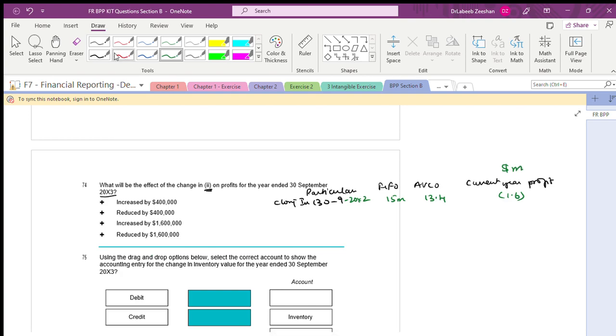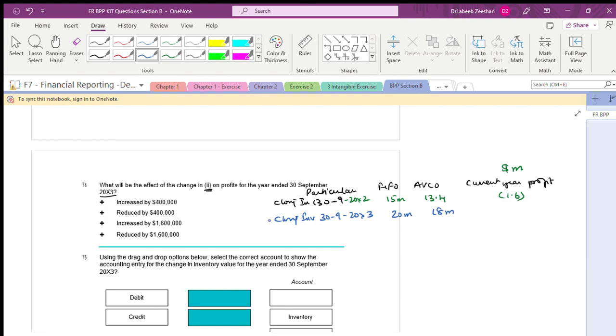Now again on closing inventory at 30th September 2003, how much is there? 20 million as per FIFO and 18 million as per average cost.